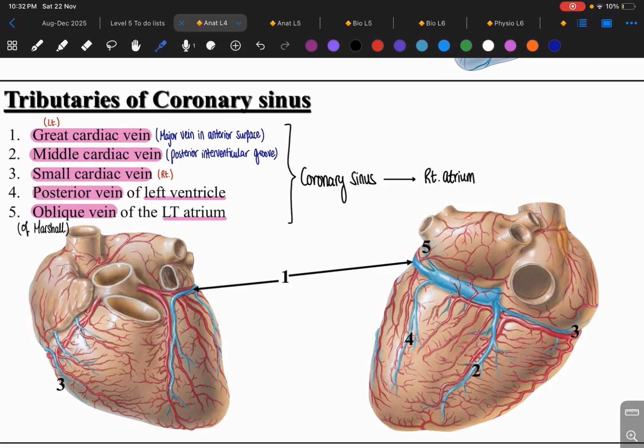So the posterior vein of the left ventricle is number 4, and the oblique vein of the left atrium. So we're done with the 5 veins that drain into the coronary sinus.